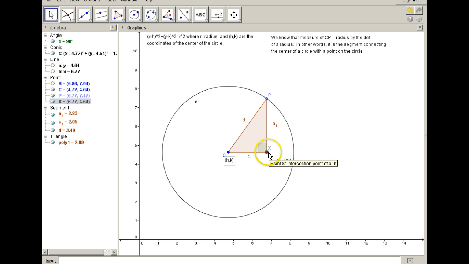So this point X is also going to be at K on the Y-axis.